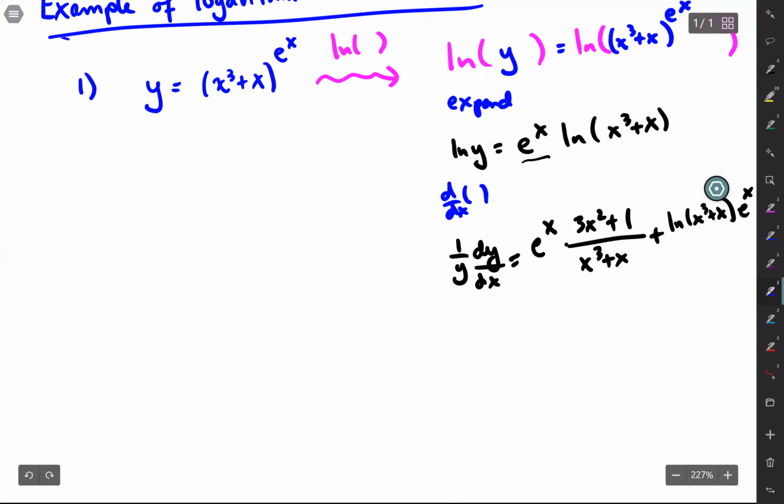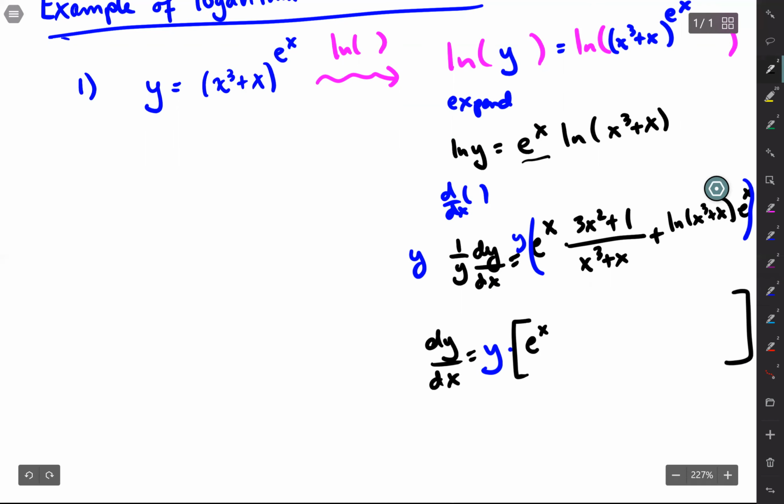So all we have to do is multiply both sides by y now. And we will get that dy dx is equal to y times this expression: e to the x times 3x squared plus 1 over x cubed plus x, plus, and I'll write e to the x over here too, ln of x cubed plus x.